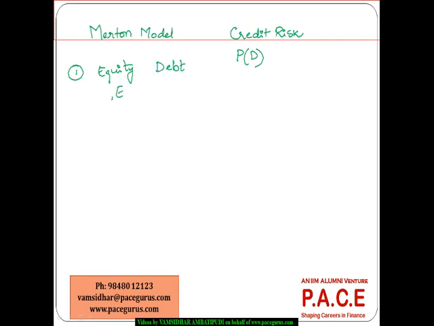So E_t is the value of equity at a point t, D_t is the value of debt at a point t. Now these two put together at any point will form the value of the firm, which is equal to V_t, or in some cases it is denoted as F_t. At time period t, we are looking at the value of the firm as F_t or V_t.